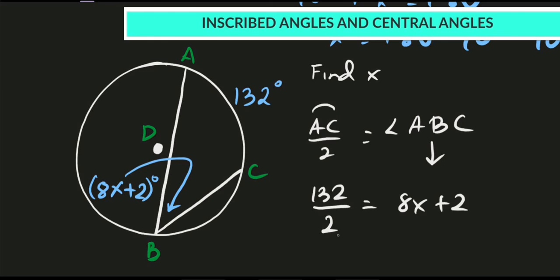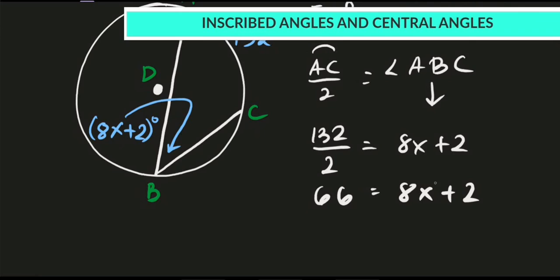Let's eliminate this denominator. If you want to simplify this, 132 divided by 2 is equal to 66 degrees. So 66 is equal to 8x plus 2. Let's solve for the value of x again.